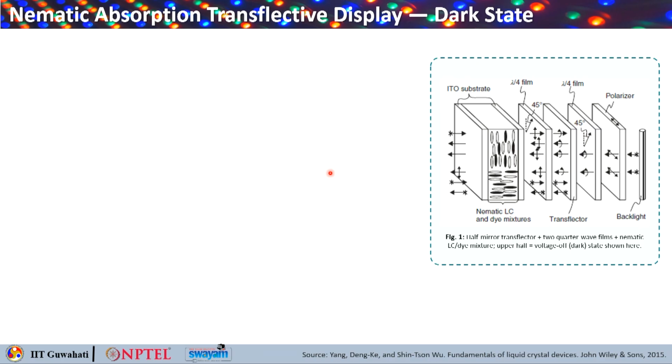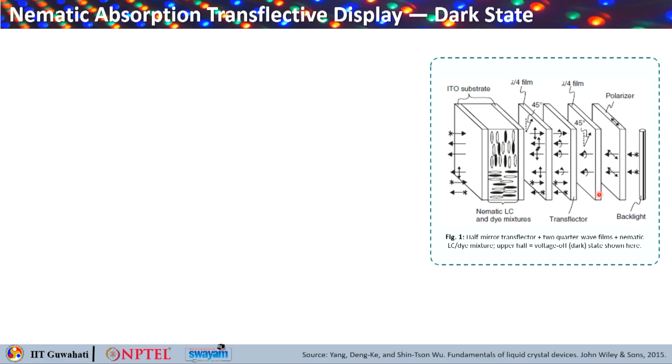So in this particular slide, we'll look into the nematic absorption transreflective display, and we will discuss the dark state. So you see the figure here. This particular device combines a half mirror metal transreflector, which is coming from the previous lecture's amplitude splitting family, along with two quarter wave plates.